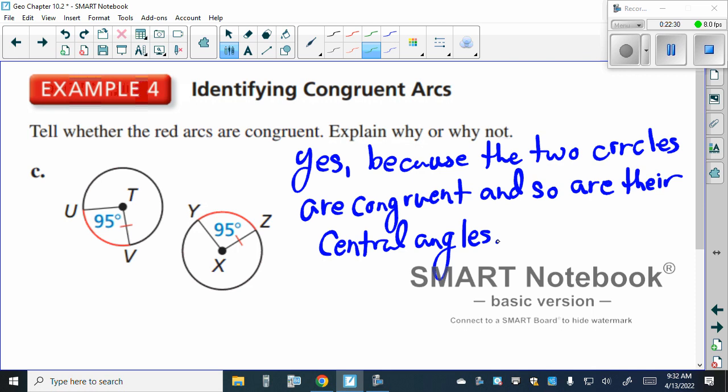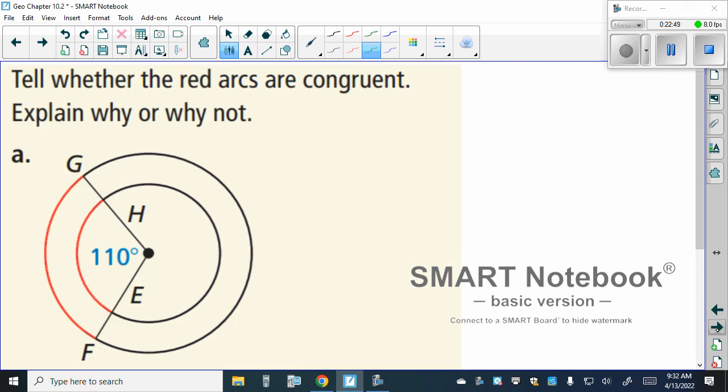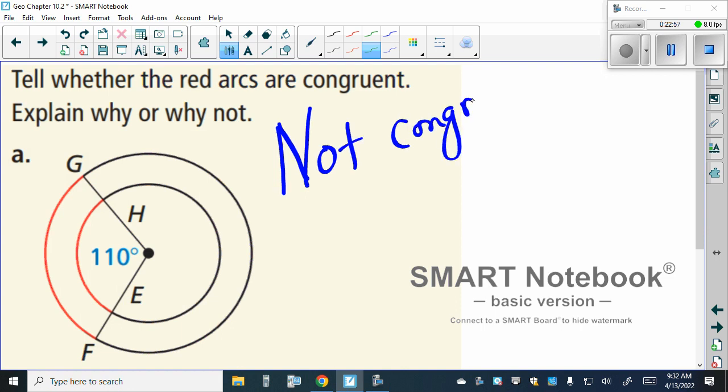Because their central angles are congruent and the circles are congruent, it means those arcs have to be congruent. That's it. Questions on this here? We like this so far? No. No. Not congruent.